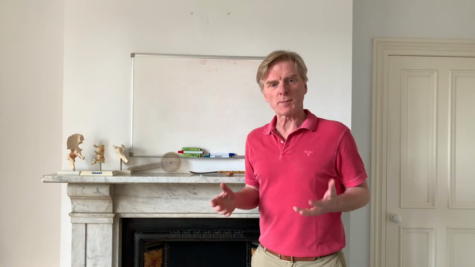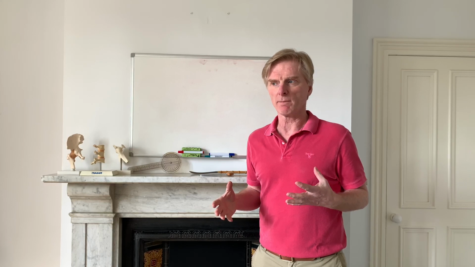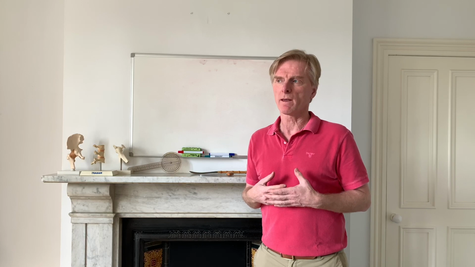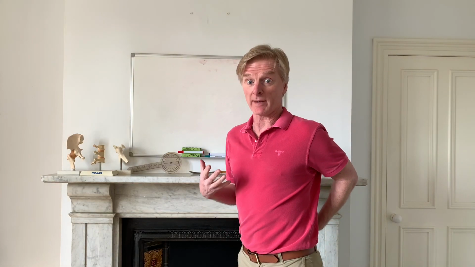Just before we finish, there are a couple of things I'd like to get across to you. You see a lot of people when they bend down, they overarch their back, they lock their back.